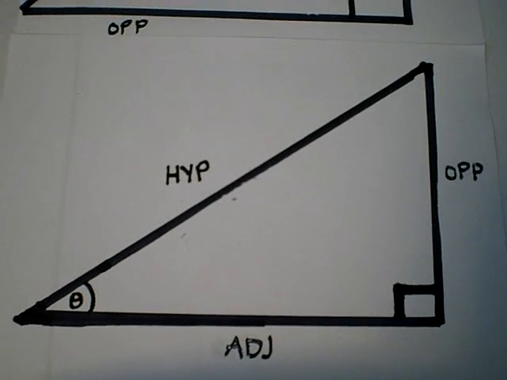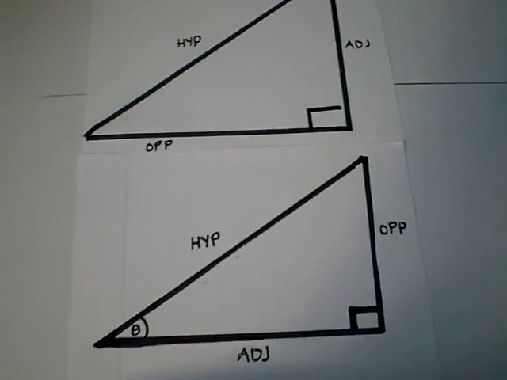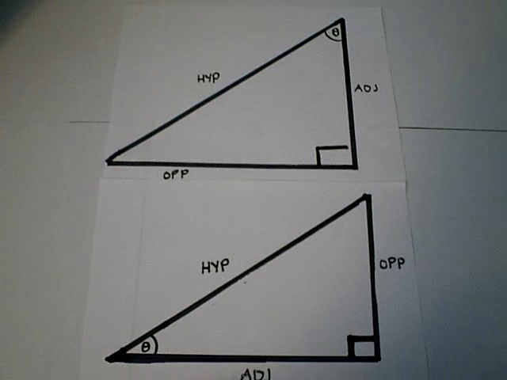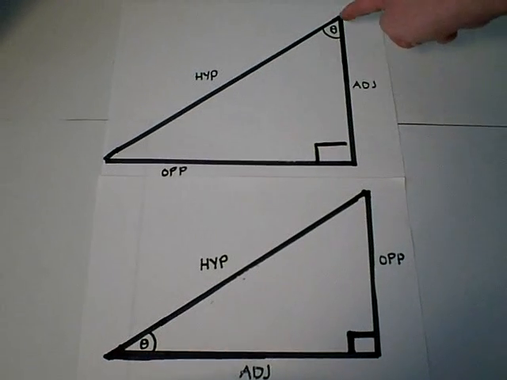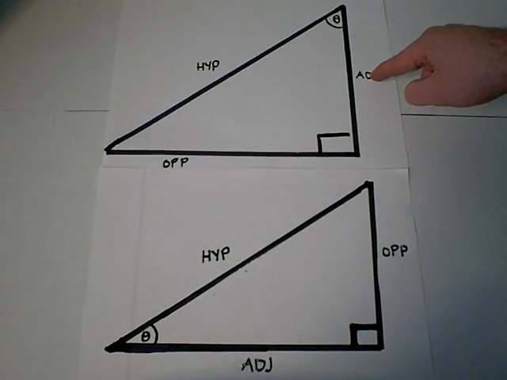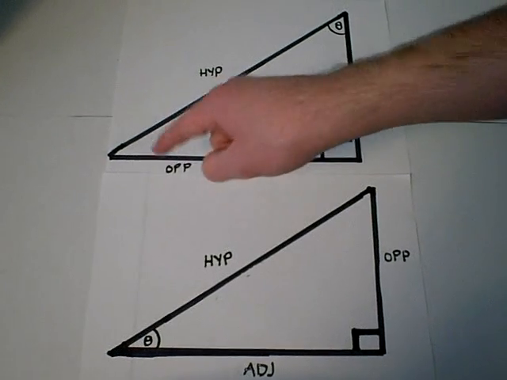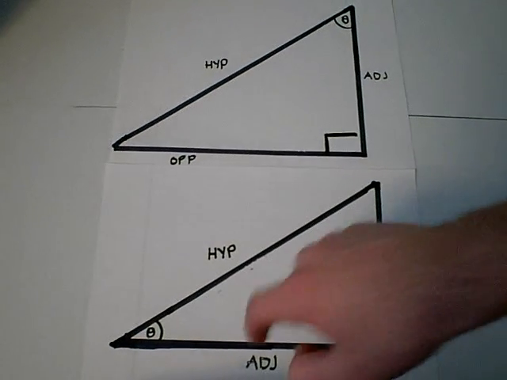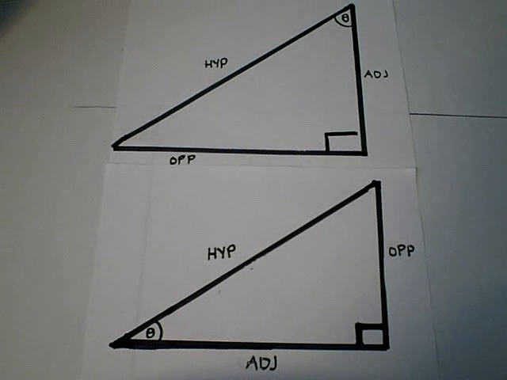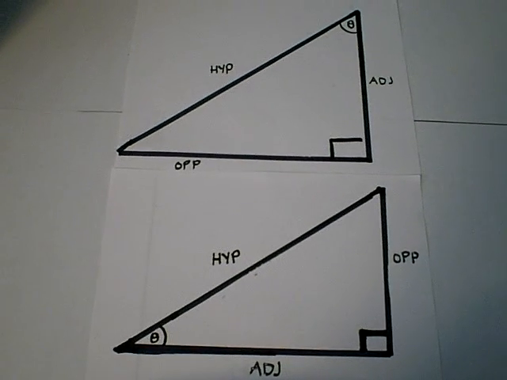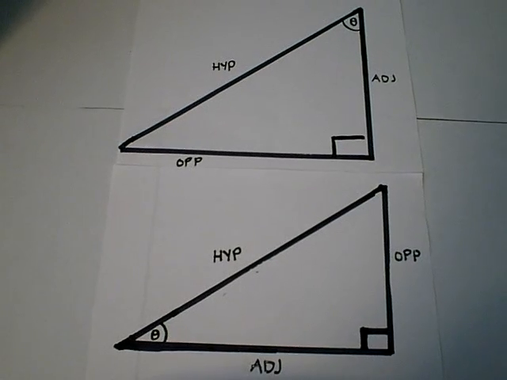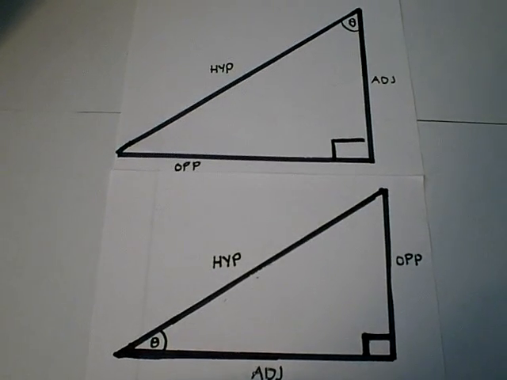Now let's have a look at both triangles. As I said earlier, our thetas are different, so our opposite and adjacent sides will be different. Now that we have looked at how to label right-angled triangles, we will learn how to solve and use trigonometric ratios accordingly.